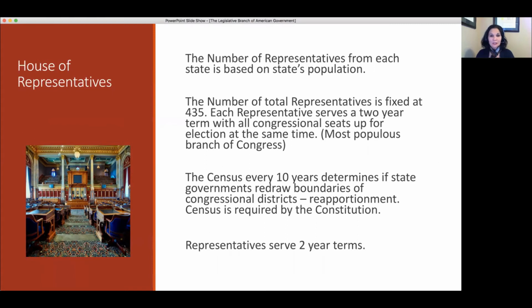Now, all spending and taxation legislation must originate in the House of Representatives because the House holds the power of the purse. Remember, it is the branch or the chamber that was designed to be the closest to the people. And the House of Representatives has the sole power of impeachment.